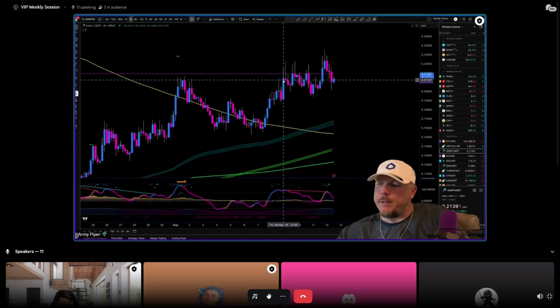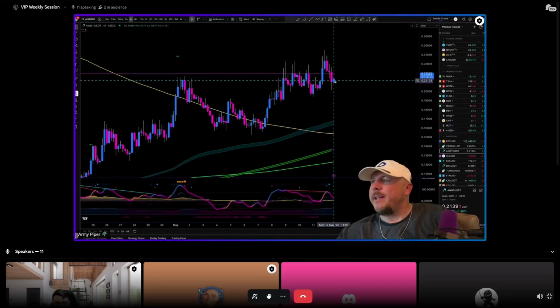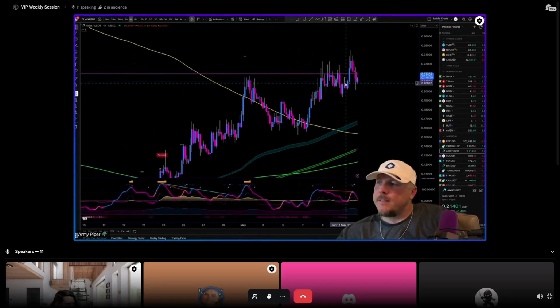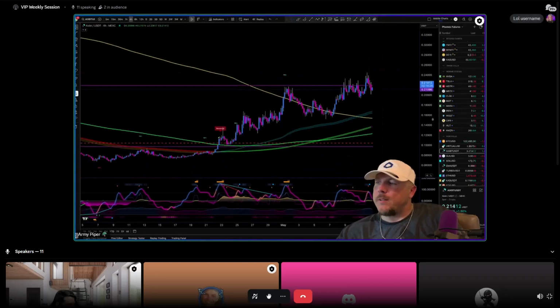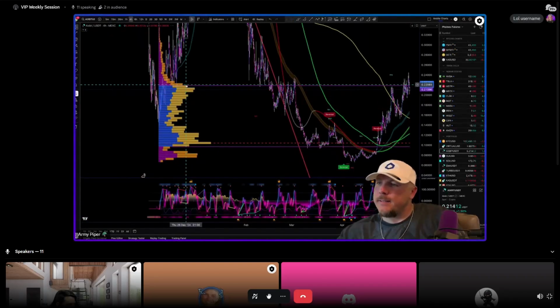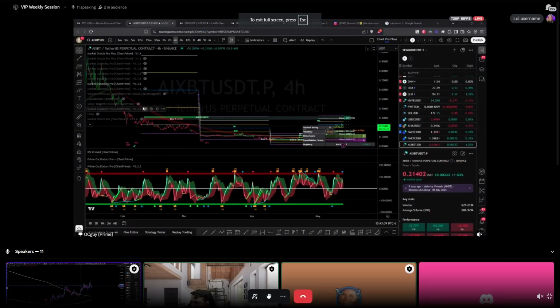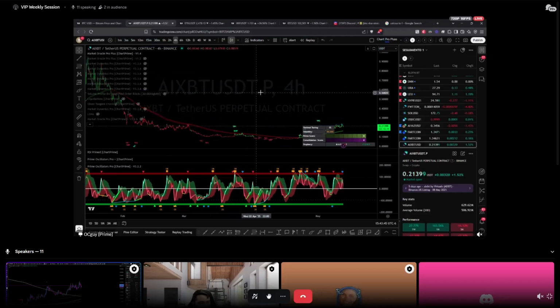It's still in the same range it's been in since 8 May. Still below its value area high. It's been pumping over the weekend.